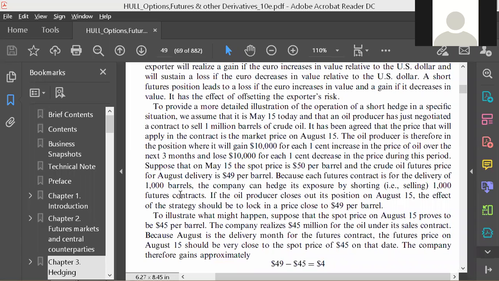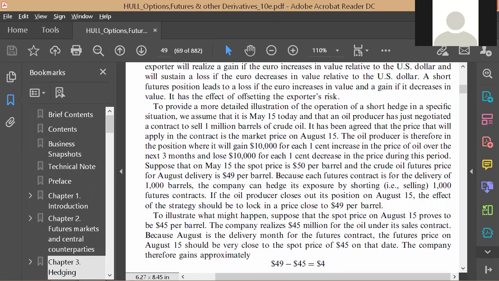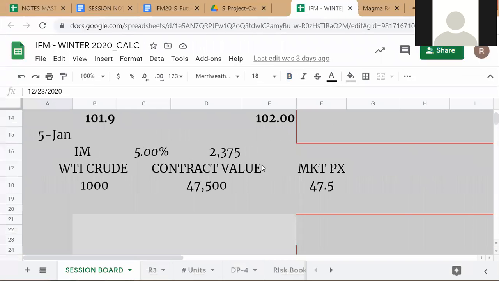We haven't looked at the exact initial margin for crude oil, but I would tell you from my memory that it's something around 5%. Whatever the total value of the contract, the margin is going to be around 5%, which I think I showed you in the calc file. So the margin would be something like this.